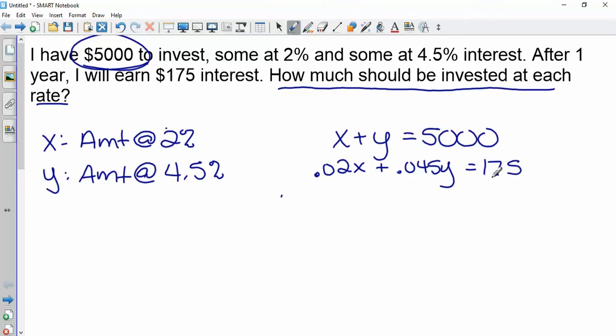Okay, you can do either substitution or elimination at this point. It doesn't matter. If I wanted to eliminate my x's, what would we do? Okay, so we have a negative 0.02x minus 0.02y equals negative 100.